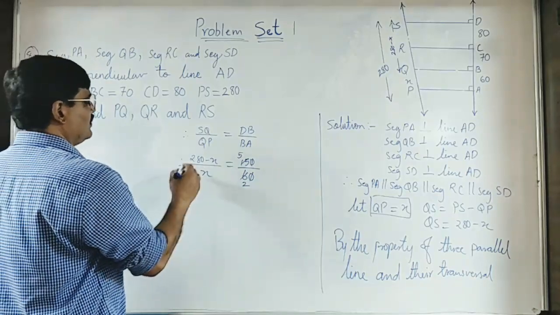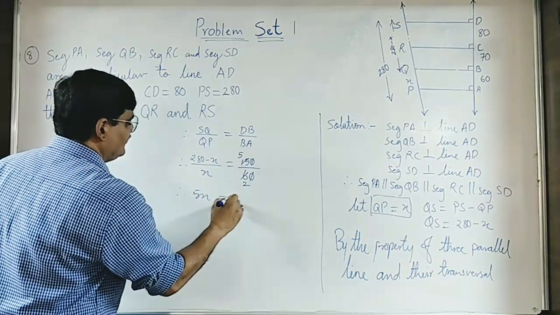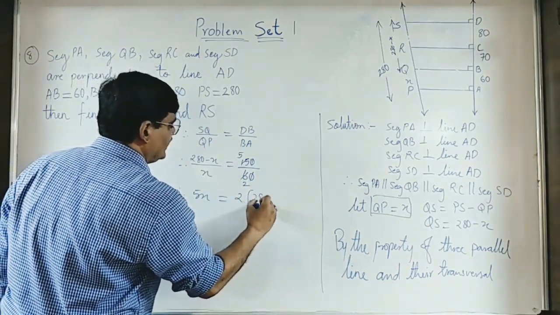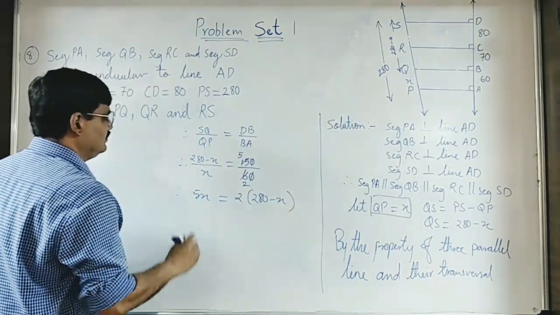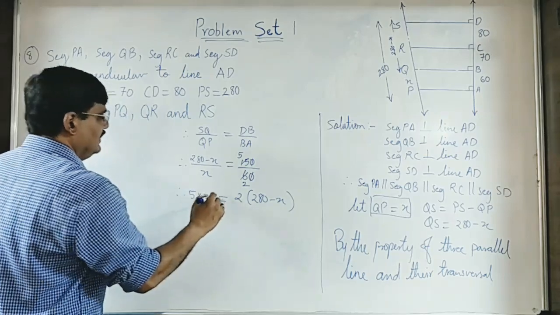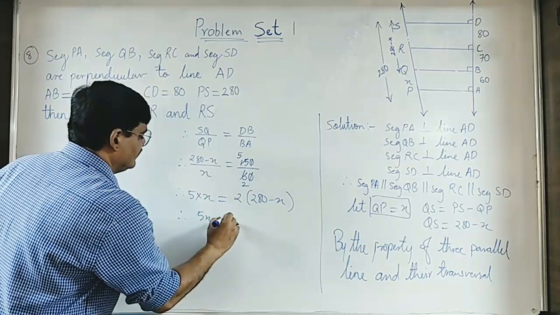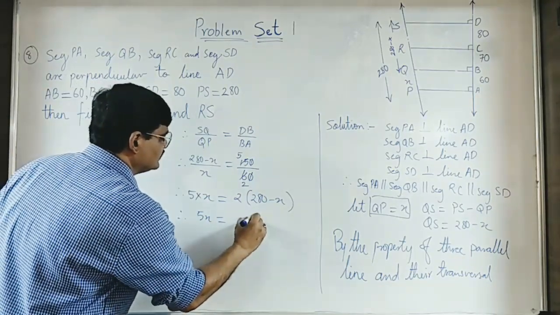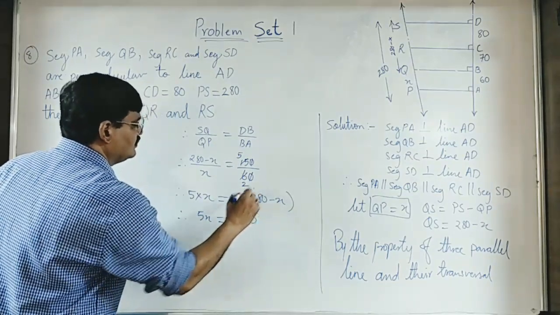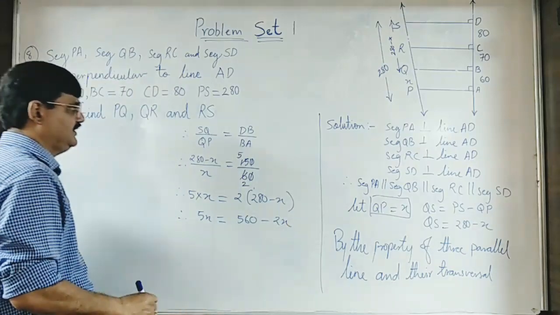When I do the cross multiplication, you will have 5 into x, 5x, and 2 into 280 minus x. Therefore 5x is equal to 2 into 280, which is 560, minus 2x. You will get 560 minus 2x.